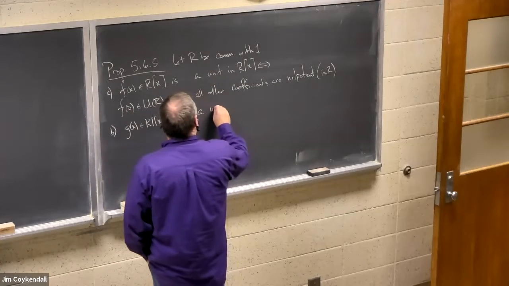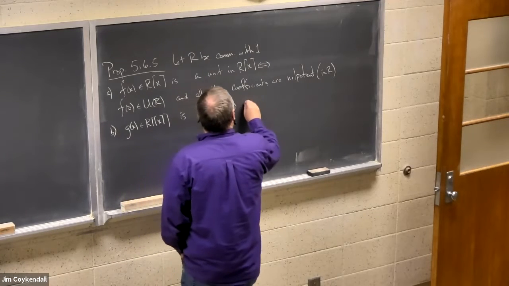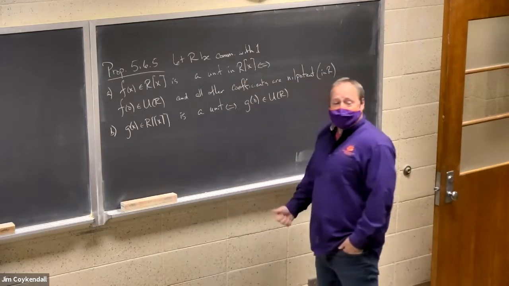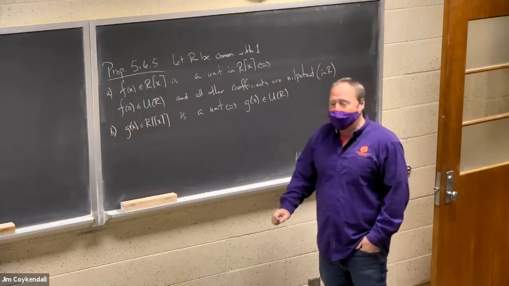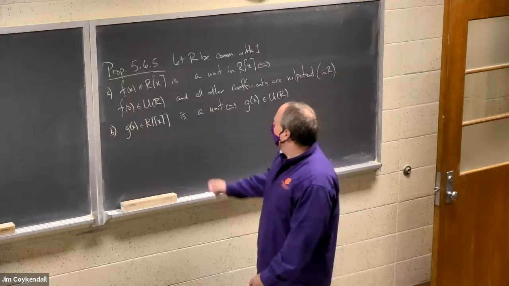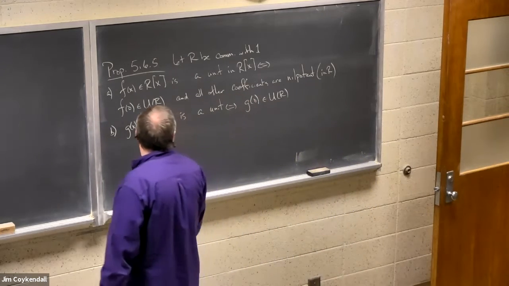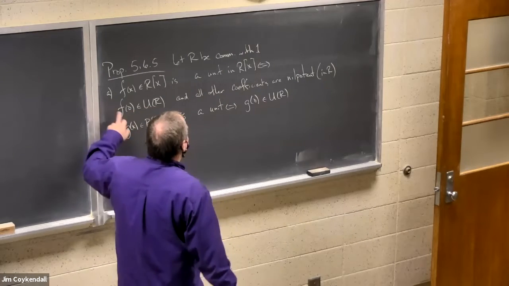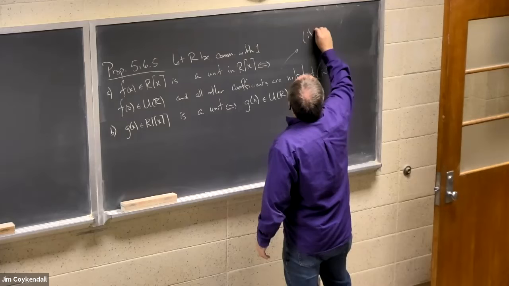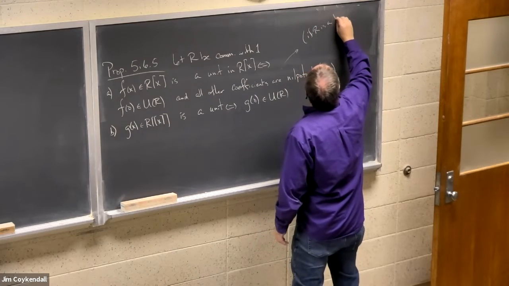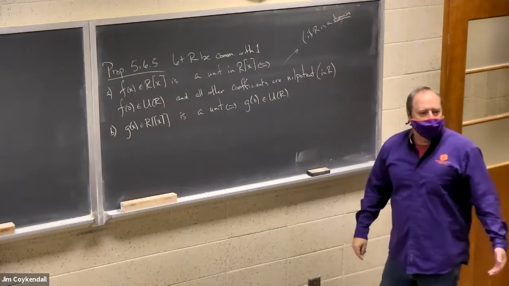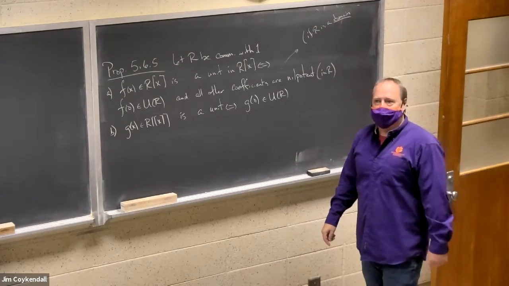B: f(x) in R[[x]] is a unit if and only if the constant term is a unit. This is kind of cool. For power series, you only need the constant term to be a unit. That's all you need. Notice that this is different than the condition here. In fact, this means, for example, if R is a domain, what does it mean for a polynomial in a domain to be a unit?